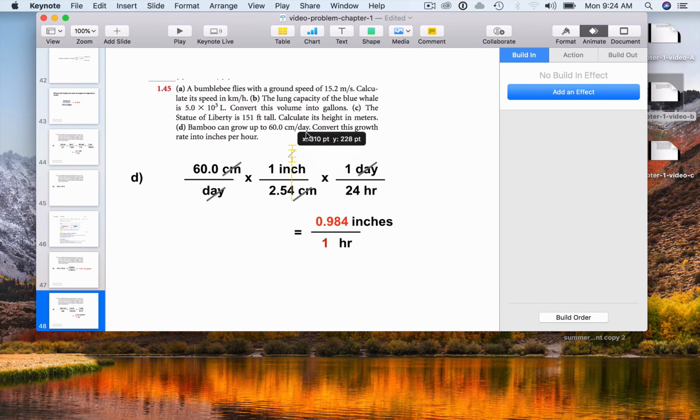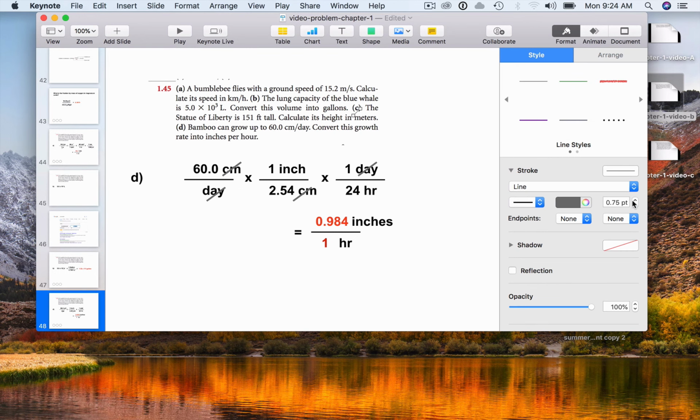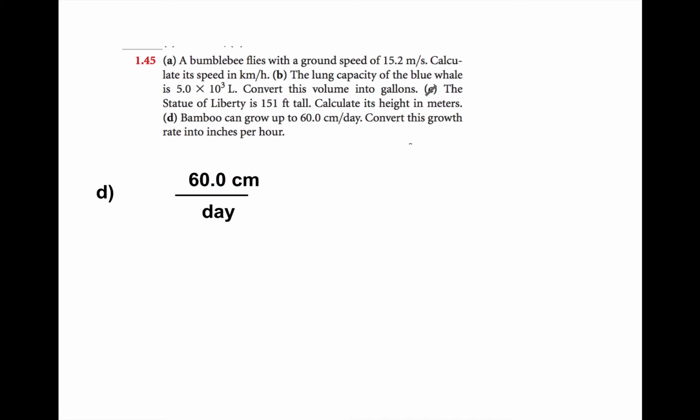I'll put that right there. We're not doing C. Just give it up. Let's make it a thicker line. Give it a C. Oh, sorry, guys. Back to the program. I am looking at D.